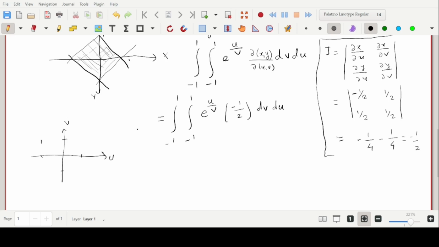So it is actually a square. So this region has got transformed into this new region in the new coordinate system. Okay, fine. So now you can take this negative 1 over 2 outside.